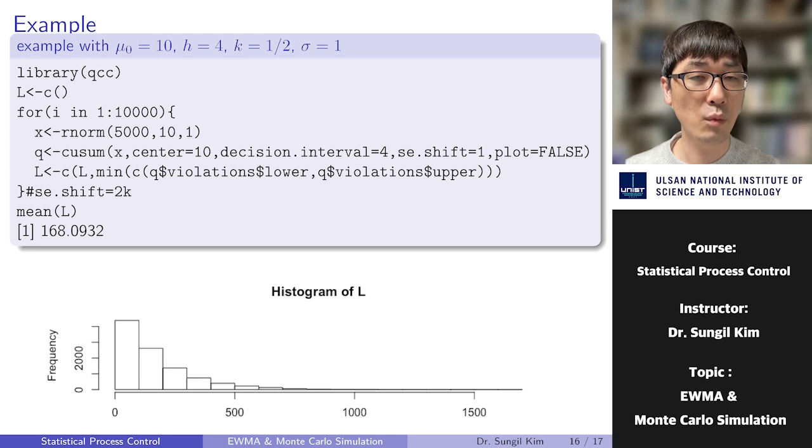Their average is 168.1932, which is the estimated ARL of the CUSUM chart with H equal to 4, K equal to 0.5, and sigma equal to 1. For different combinations of parameters, we just change the settings for the CUSUM chart in the code. Then we can compute the corresponding ARL using the simulation-based method.